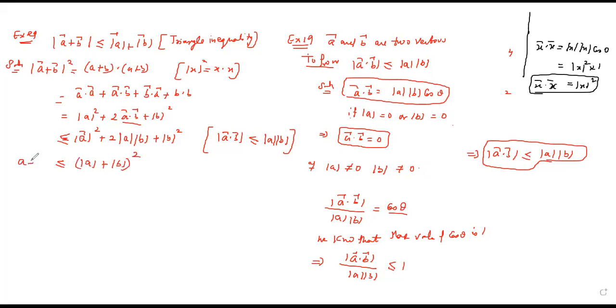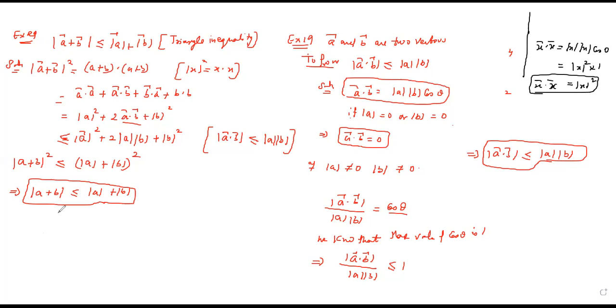This is mod of A plus B whole square, which implies mod of A plus B is less than or equal to magnitude of A plus magnitude of B. This is called the triangle inequality.